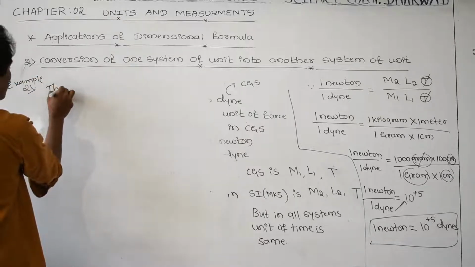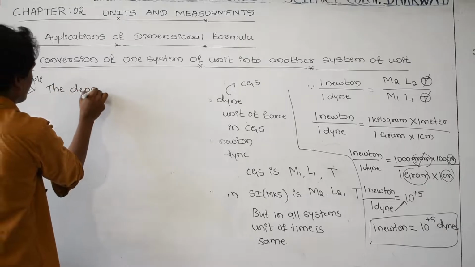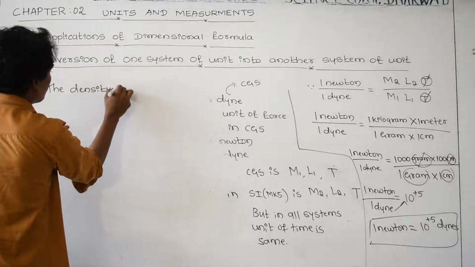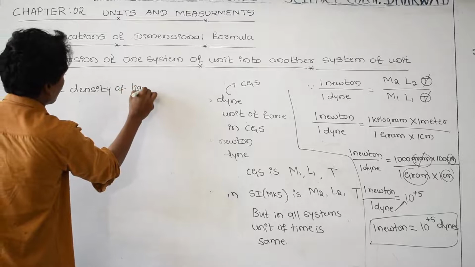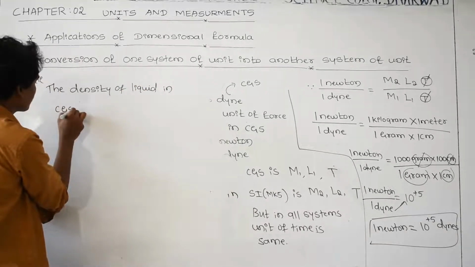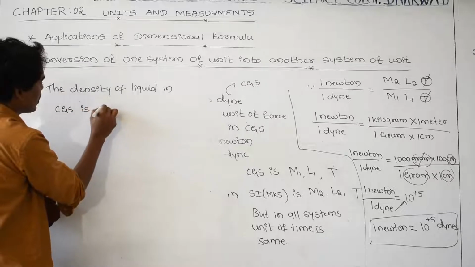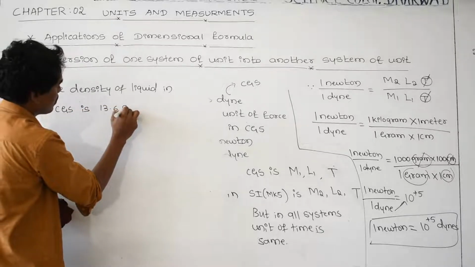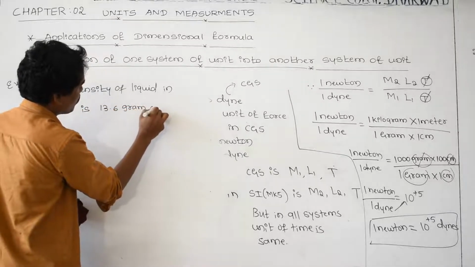The density of a liquid in CGS is 13.6 gram per centimeter cube.